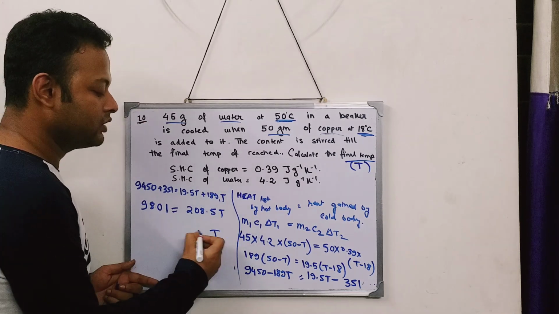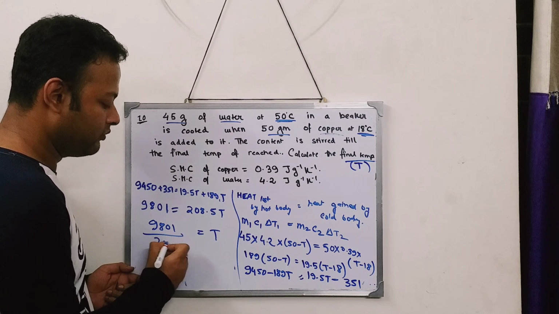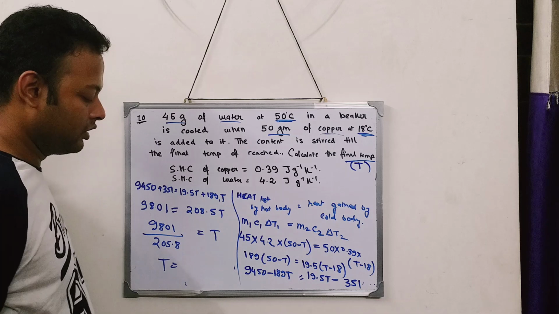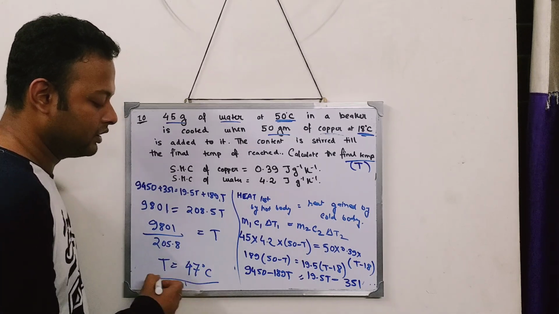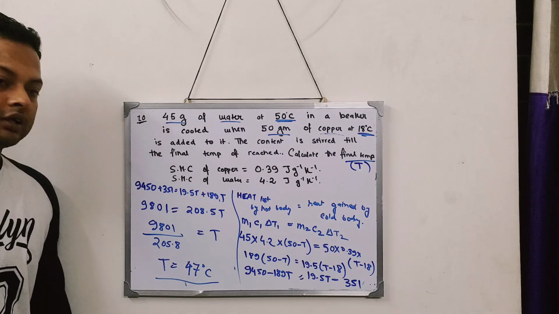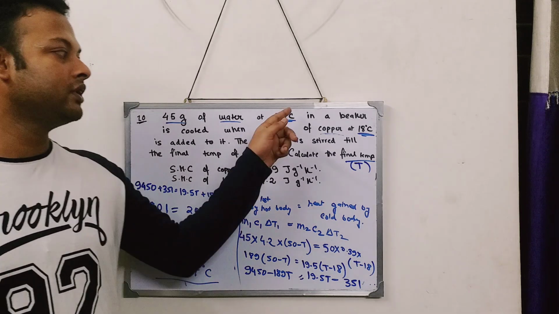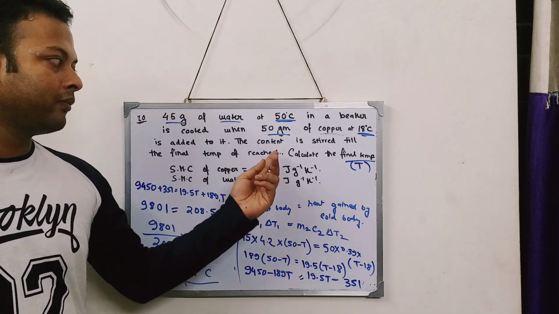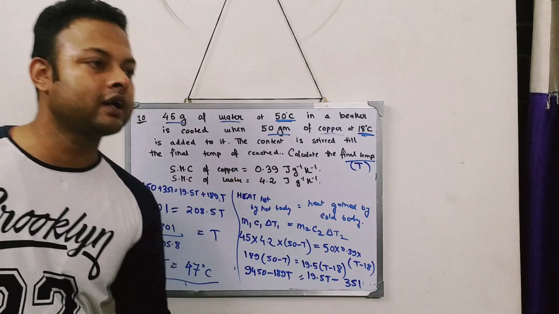Now your t value is how much? 9801 divided by 208.5. When you solve this whole thing, it will come as 47 degrees centigrade. So this is the final temperature. So 50 degrees centigrade is the temperature of water, that goes to 47, and the copper, which was at 18 degree, rises to 47.